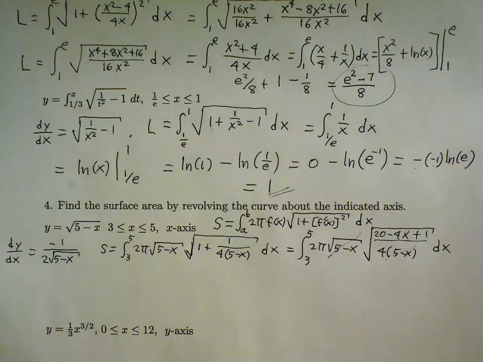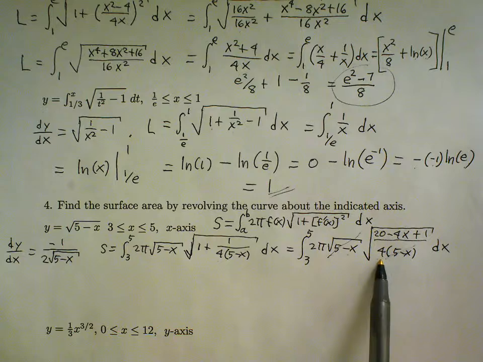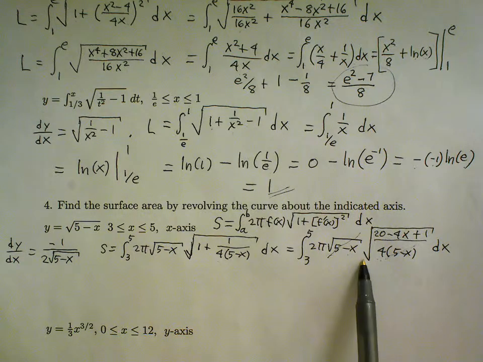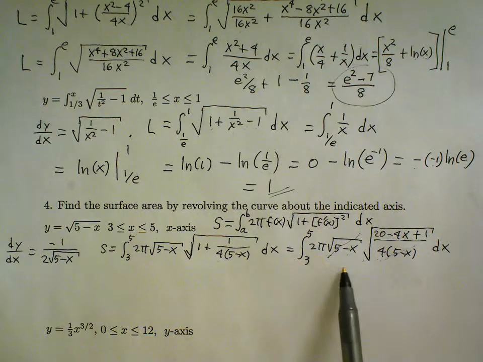You see that? And in the denominator, we have the square root of 4. When that comes out, it's like having 1/2, and 1/2 times 2 pi is pi. You see that?